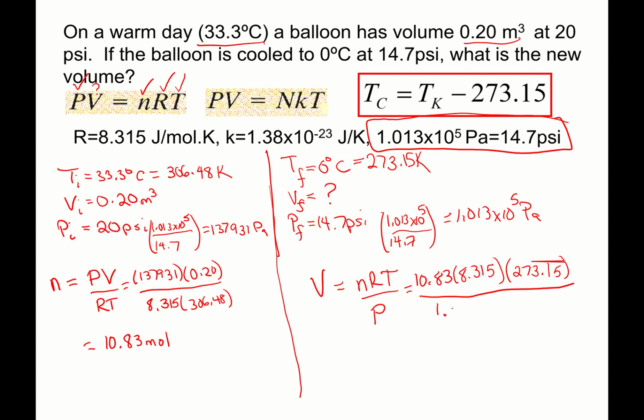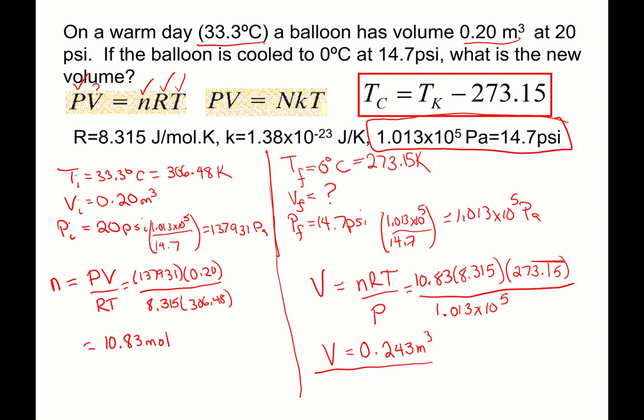Pressure was 1.013 times 10 to the 5. So if I do that, I get my final volume is 0.243 cubic meters. So even though the temperature went down a bit, so you'd expect it to shrink, because the pressure also went down, it's going to expand, and in this case it expanded more than it shrunk.